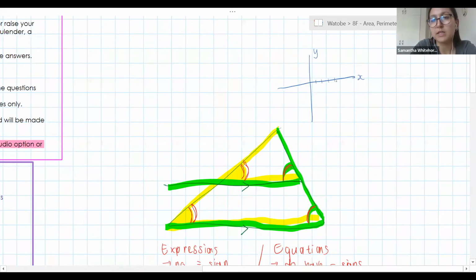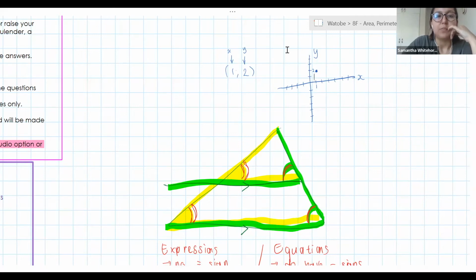So we always have a scale on our X and Y axis, and we can then plot coordinates, which means that if I give you a coordinate, say, for example, of (1, 2), what I'm giving you is an X value and a Y value that I'm asking you to plot. So 1 on the X is here, 2 on the Y is here. And where they meet each other, we can then plot a point.